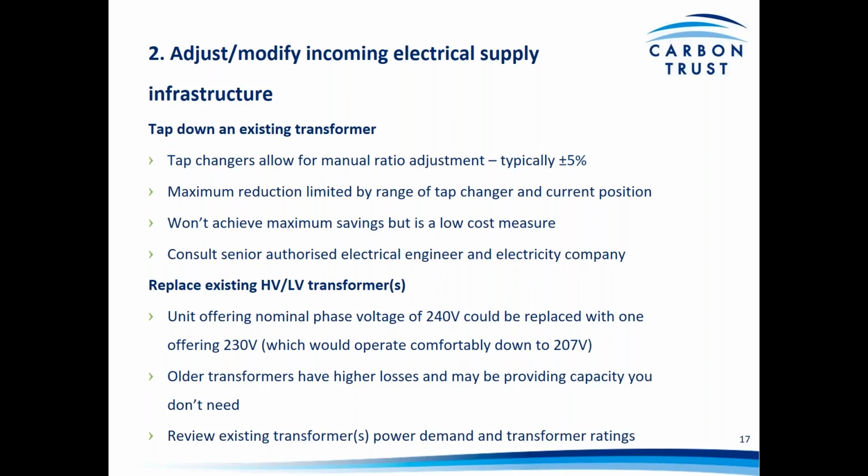This can be worthwhile on the basis that older transformers typically have higher losses, and may also be providing capacity to the site that you don't need. So we would suggest just reviewing the existing transformers, having a look at their power demand and their ratings.